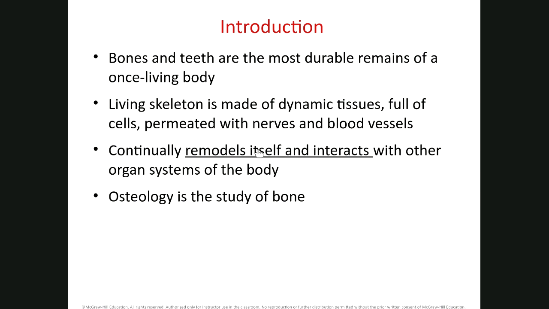Something else real interesting about bone tissue compared to other types of tissue is that bone is constantly remodeling itself, and it does interact with other systems of the body, but also I want to point out that bone tissue is very responsive to the environment. It's very responsive to you and your lifestyle.